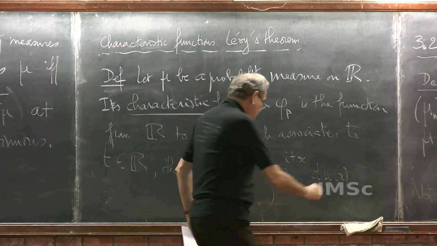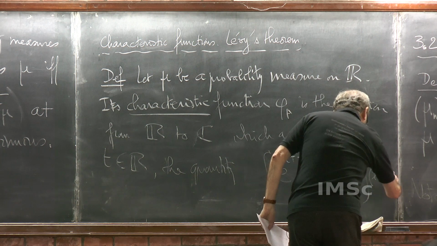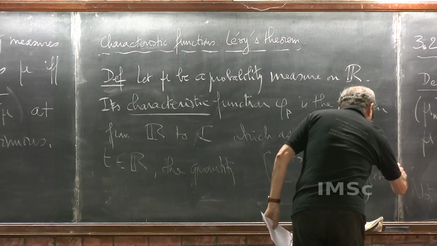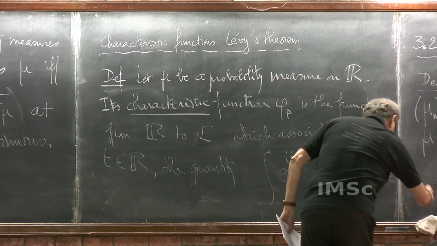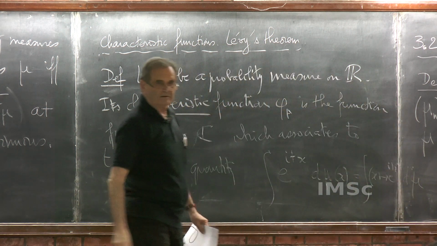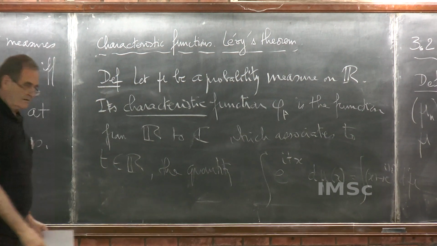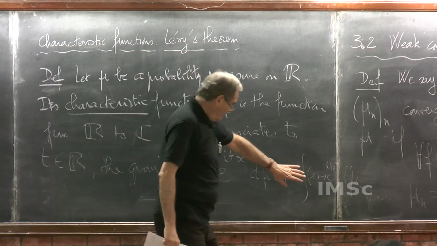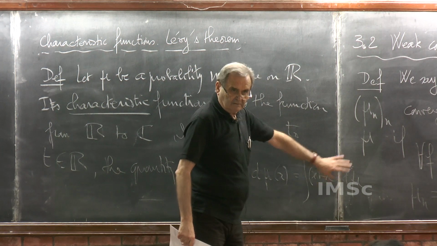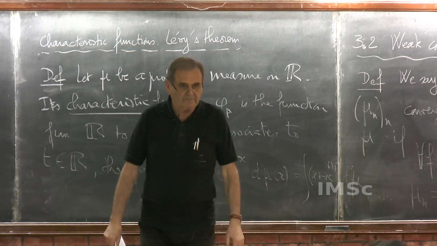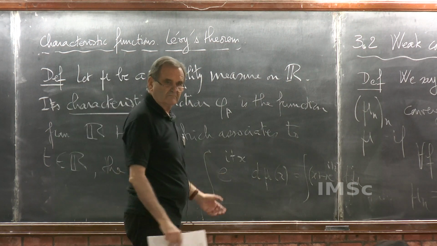So in some way, to x I associate e to the i t x, and then I integrate it with respect to mu, if you don't like the d mu of x. Okay, this is a complex valued function of a real argument, and as such you can integrate it with respect to mu. This is just a convenient notation. Okay.